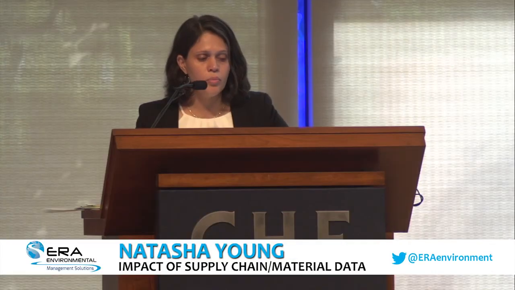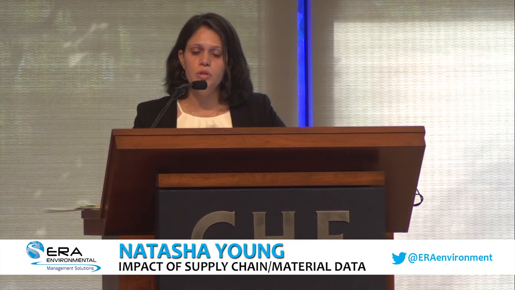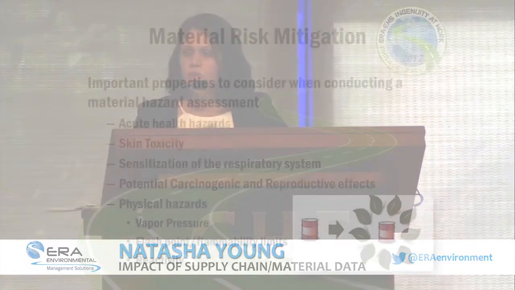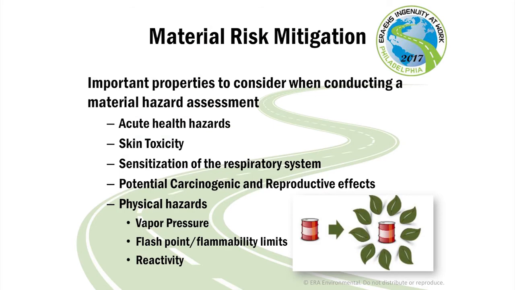Some important properties to consider when conducting a material hazard assessment include the acute and the chronic health hazards. Skin toxicity, for example: you need to evaluate whether the chemical is an irritant, whether it causes skin sensitization. Also, it would be important to determine whether the chemical can be absorbed through the skin.